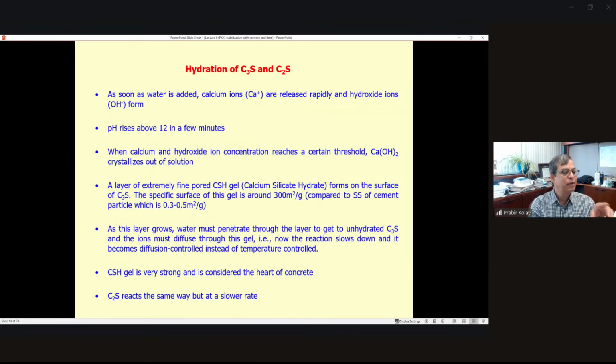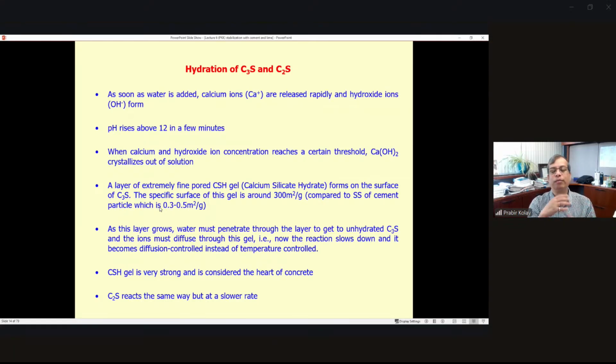When the calcium hydroxide ion concentration reaches a certain threshold, calcium hydroxide crystallizes out of solution, and then an extremely fine porous calcium silicate gel is formed. The specific surface of this gel is around 350 square meters per gram, compared to the cement itself.